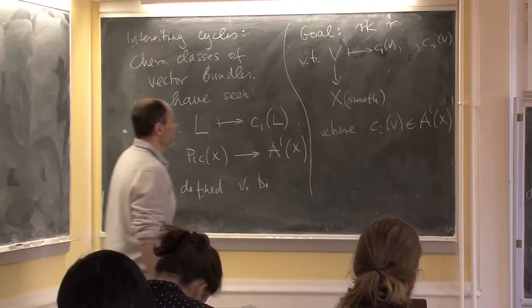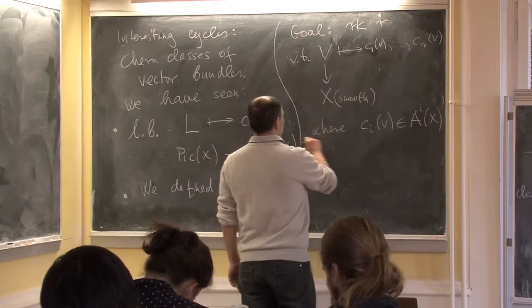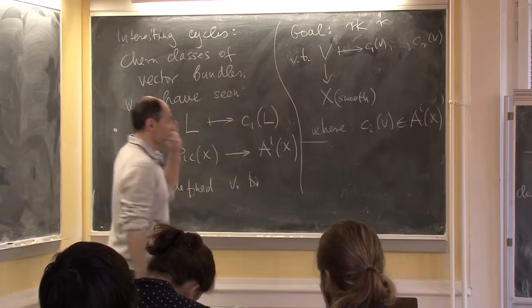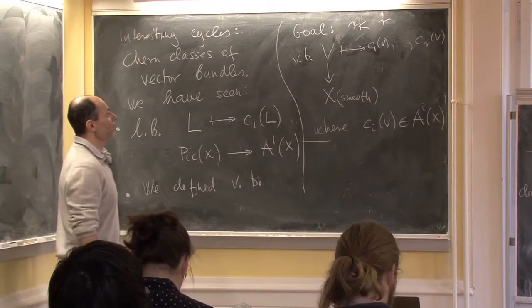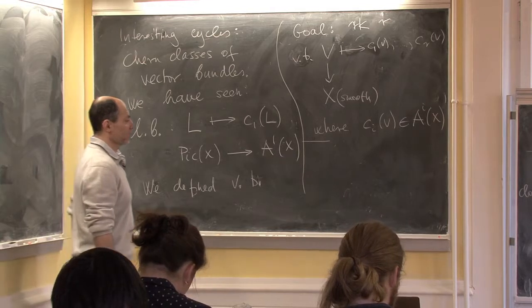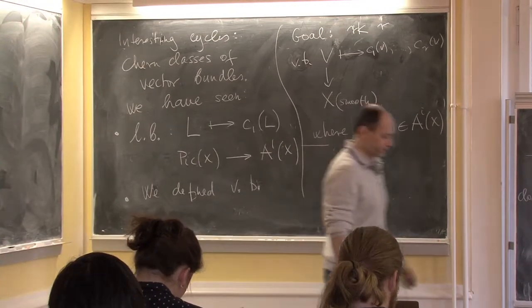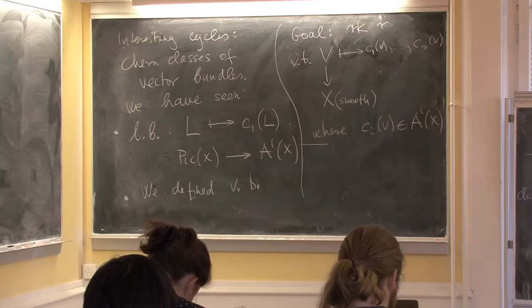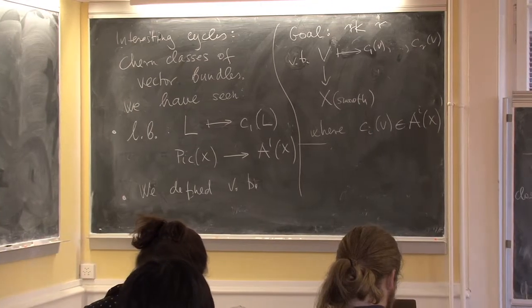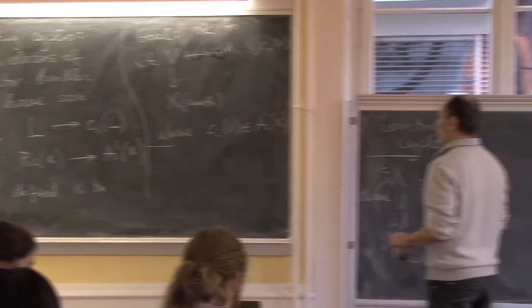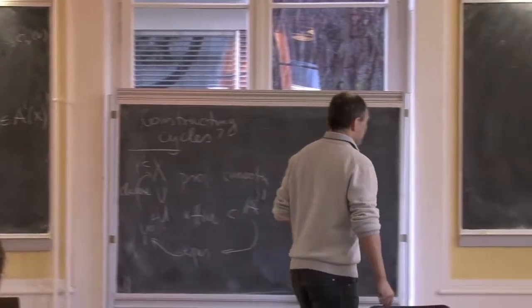So we've seen basic examples of vector bundles you should think about are the tautological bundles on Grassmannians that I introduced before.